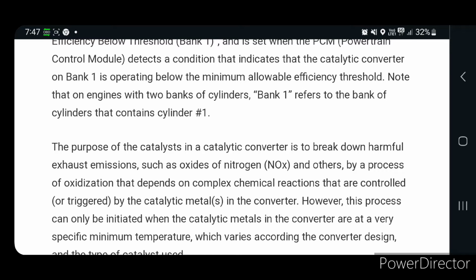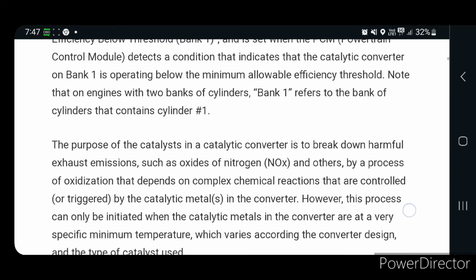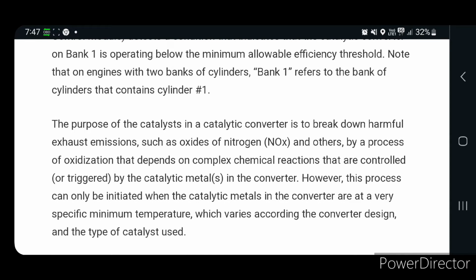However, this process can only be initiated when the catalytic metals in the converter are at a very specific minimum temperature, which varies according to the converter design and the type of catalyst used.